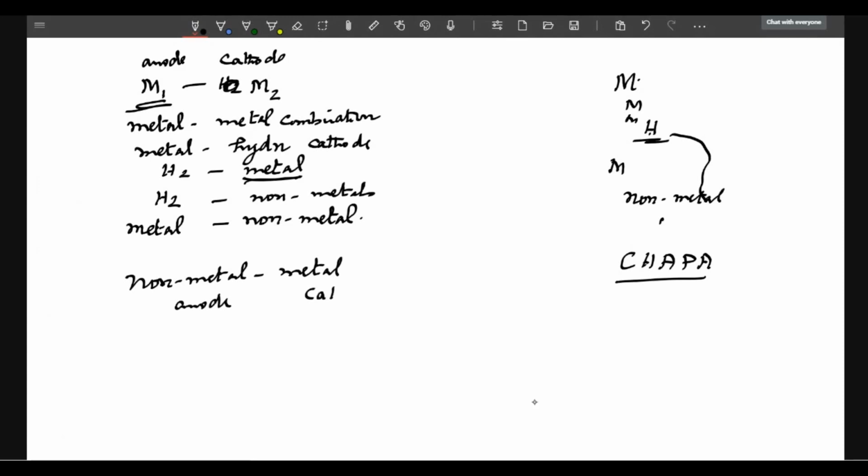It's the rarest combination. Can you give me an example for this? I have given it in your table. Look at the table and give me the combination for non-metal as anode and metal as the cathode.